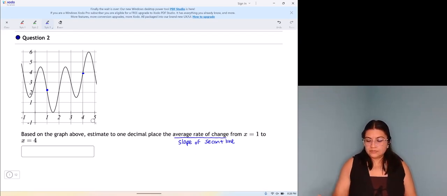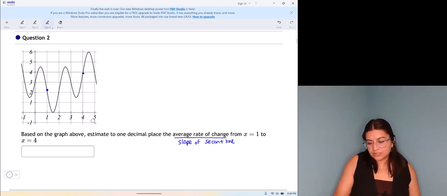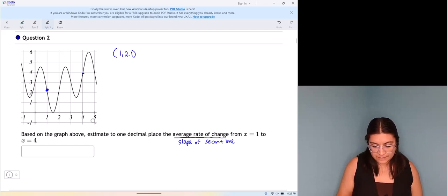You can round; if you put (1, 2) and (4, 4), that's also okay. But in this case, I'm going to say it's (1, 2.1) and this point is (4, 3.9).